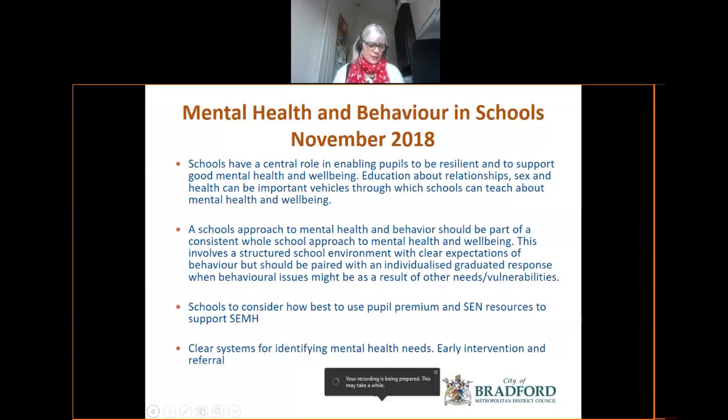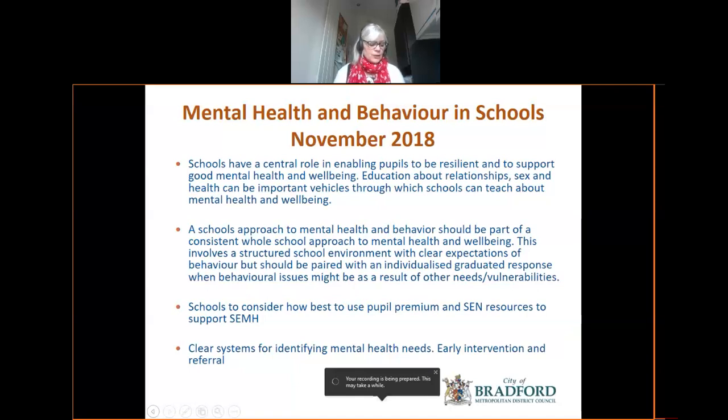This guidance highlights that schools have a central role in enabling pupils to be resilient and to support good mental health and well-being. It advocates for a consistent whole-school approach to mental health and well-being.